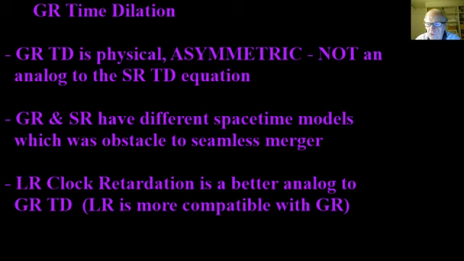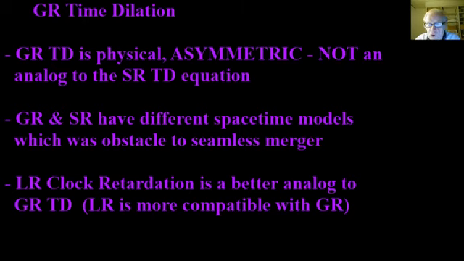Now the third point is just my speculation, my personal opinion. There's no QED logic that leads to it or overwhelming empirical data forcing this conclusion. But my opinion is that Lorentz relativity clock retardation is a better analog to general relativity's time dilation. They're both asymmetric in form.